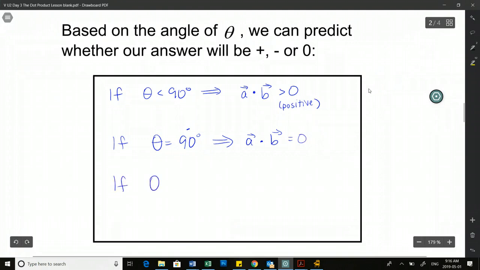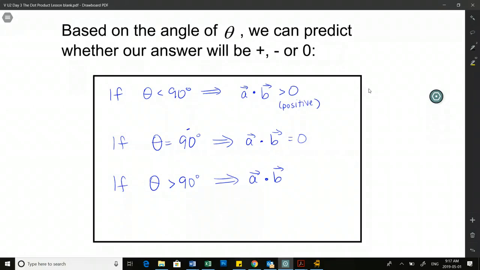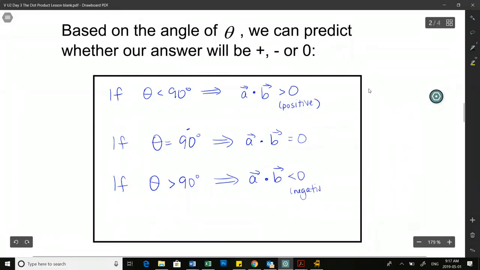And if theta is greater than 90, or obtuse, dot product will be less than 0 or negative, yeah. Okay, and that's simply because those components of those vectors are actually working against each other rather than with each other when we have that obtuse angle. Okay?